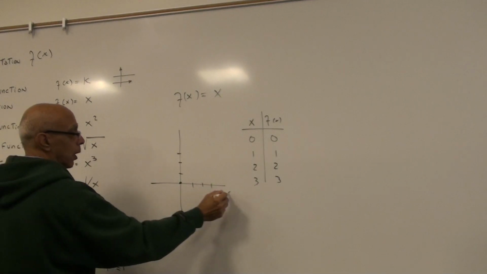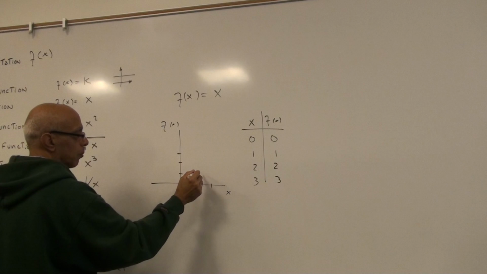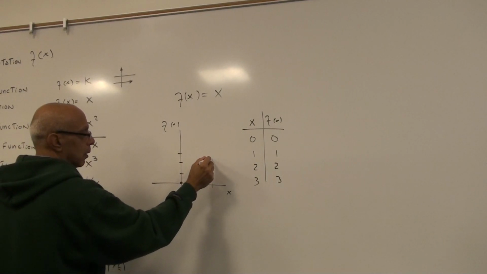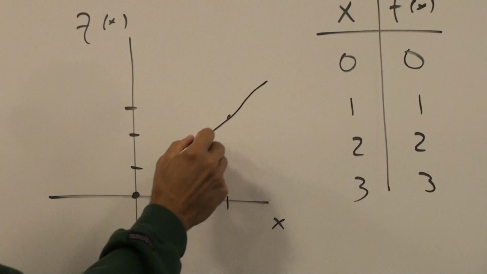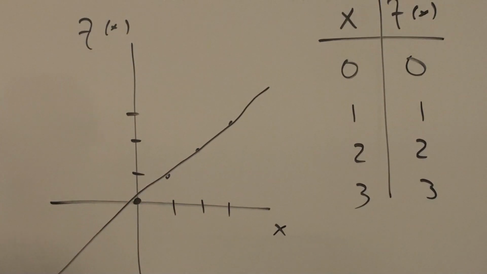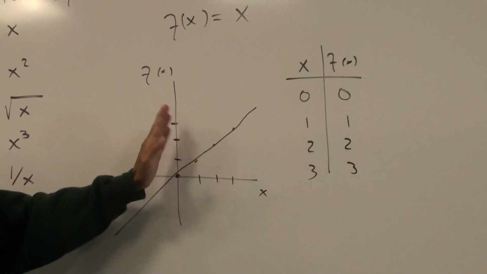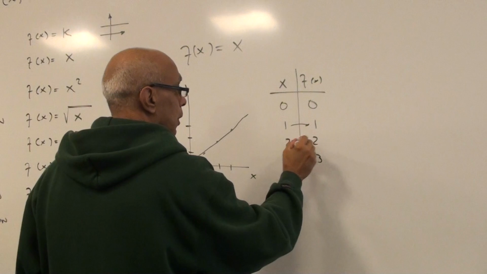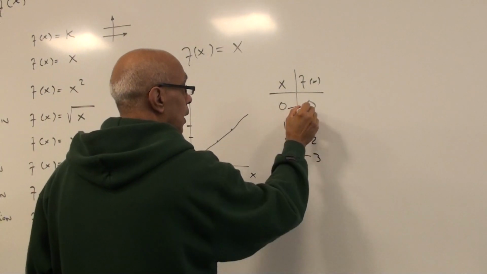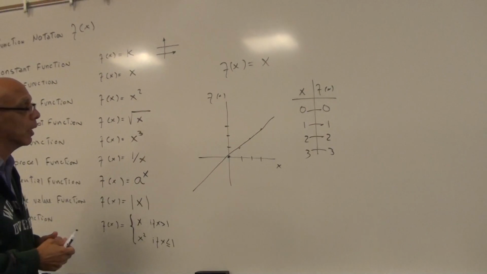When x is 1, f of x is 1, second point, and third, and fourth. And we see that this is going to be a straight line with 45 degrees, right? The relationship here is the identity, exactly the value of x is the value of the function, okay?